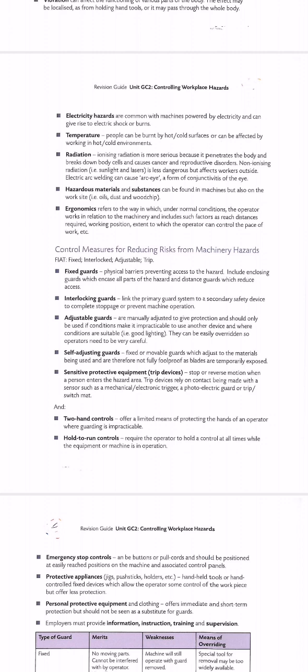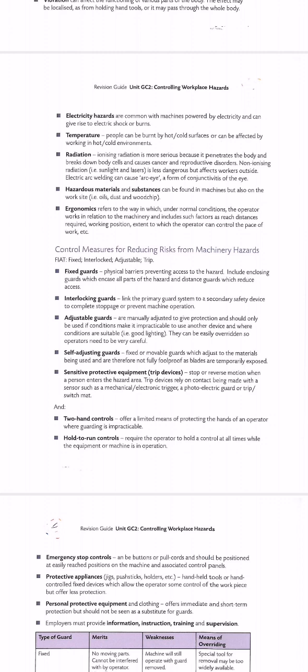Number two, you have to put an interlock guard. An interlock guard links the primary guard system to a secondary safety device to complete the stoppage or prevent machine operation, right? Number three, you have to put an adjustable guard. An adjustable guard is also very necessary. All this is self-explanatory. Number four, you have to put a self-adjusting guard, right?